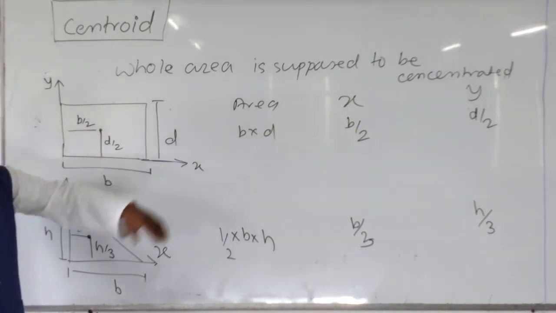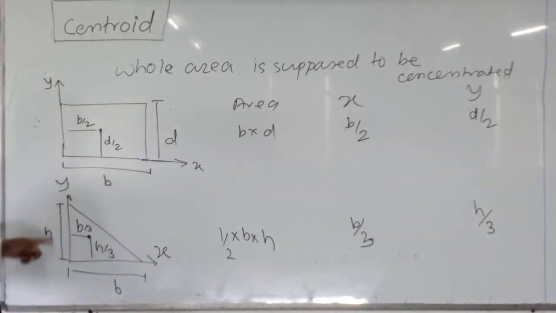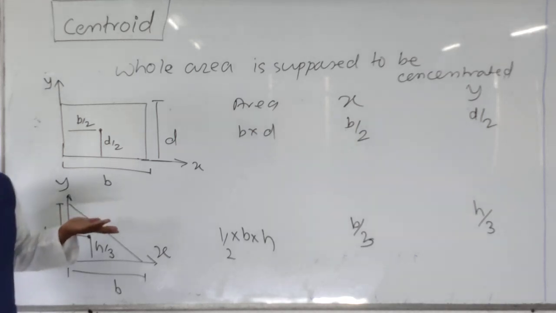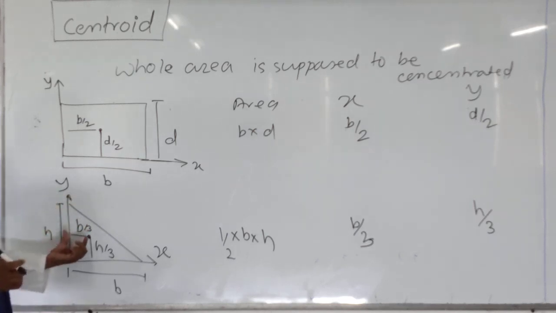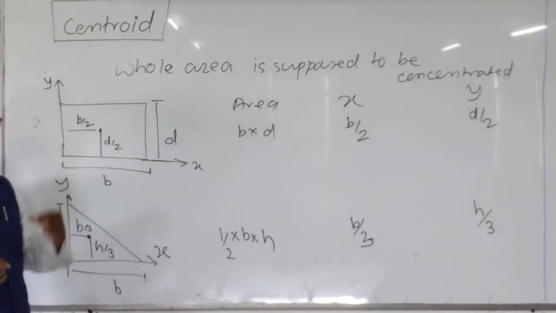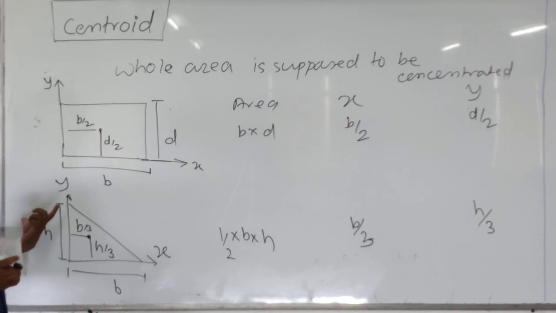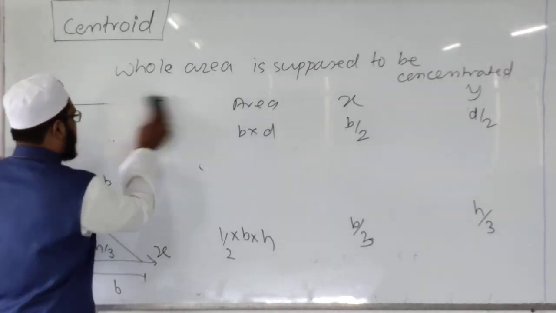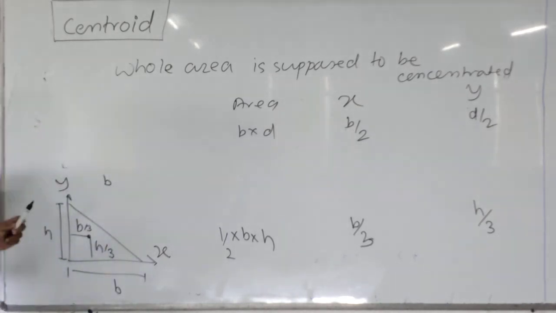These x and y coordinates are as per the given x and y axes. Whenever the position of the axes changes, we will calculate the x and y coordinates with reference to the given axes. The third standard figure is a circle.